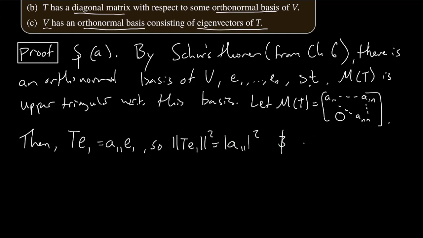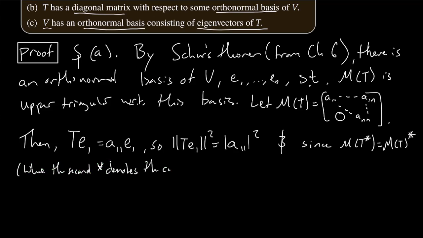check this out. Since the matrix of T star is equal to the matrix of T transpose, so I should be careful here, I should say conjugate transpose. So I'll just write the matrix of T with a little star right there, where the star denotes the conjugate transpose.